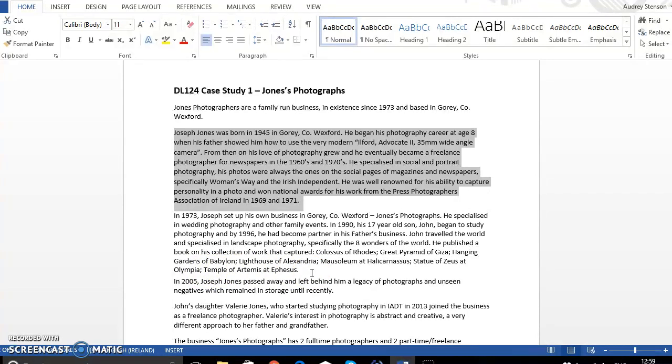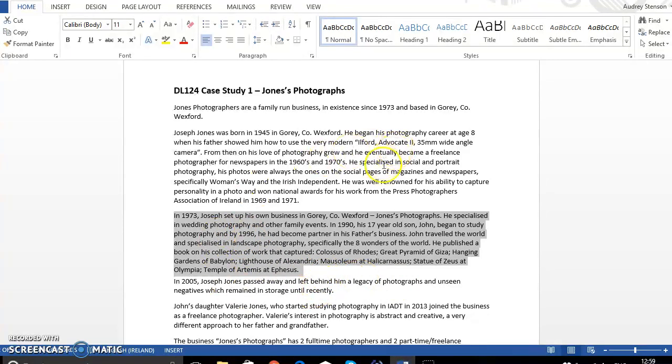In 2005, Joseph Jones passed away and left behind him a legacy of photographs and unseen negatives which remain in storage until recently. So again, we have some more recent history about the upcoming generation of the Joneses family, who continued their career in photography, a different type of photography, but still nonetheless photography.